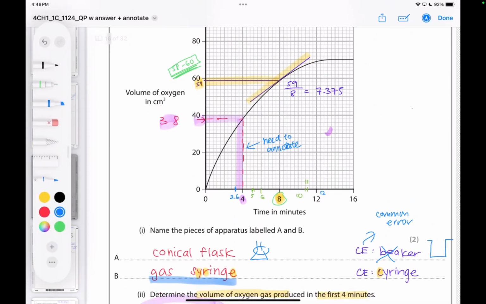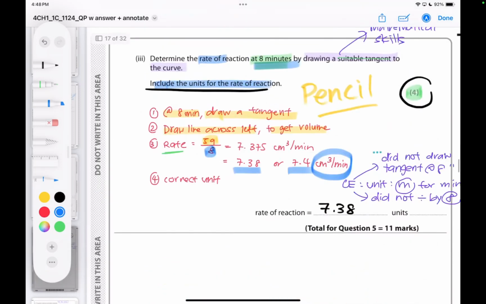You will see that for the y-axis, it's already given, it's volume, and that's cm cube. For the x-axis, the time is in minutes, and the shorthand for minute is min. So you simply put the units as cm cube per minute.